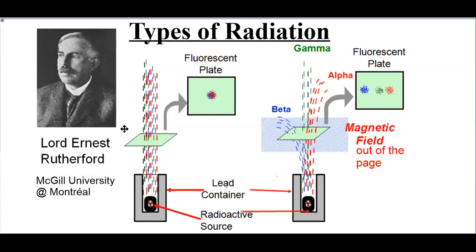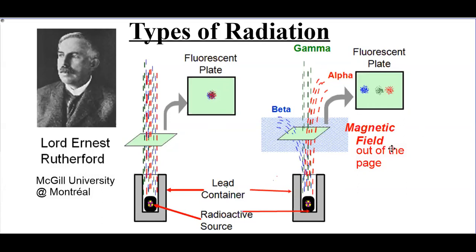So he fired it at some kind of photographic film, and of course he lined it with lead because it was determined at this point that radioactive particles had a hard time going through lead, and so they had this lead shielding on there, and they passed it through, and of course it developed on photographic paper or fluorescent film, if you will. And then he found that when he put a magnetic field in its presence, some particles would go to the left, some particles to the right, and some particles went straight through, which gave us a foundation of the difference between the 3 particles that come from inside the nucleus of the atom.